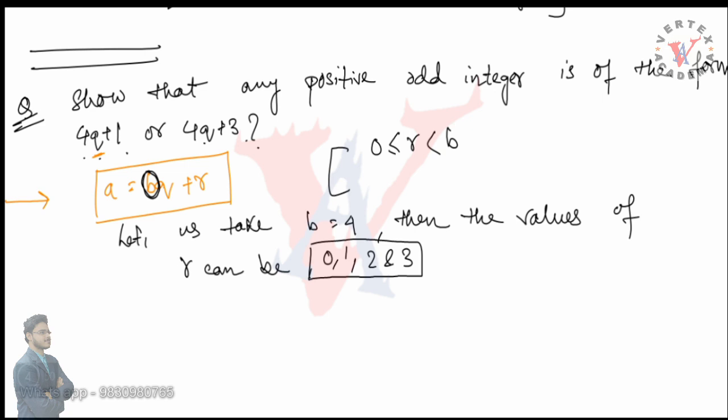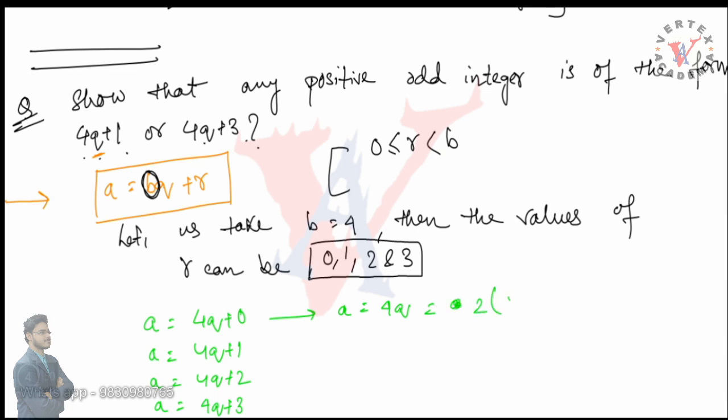Therefore a can be 4q plus 0, a equals 4q plus 1, a equals 4q plus 2 and a equals 4q plus 3. Now if we take a equals 4q, this is actually 2 times 2q.